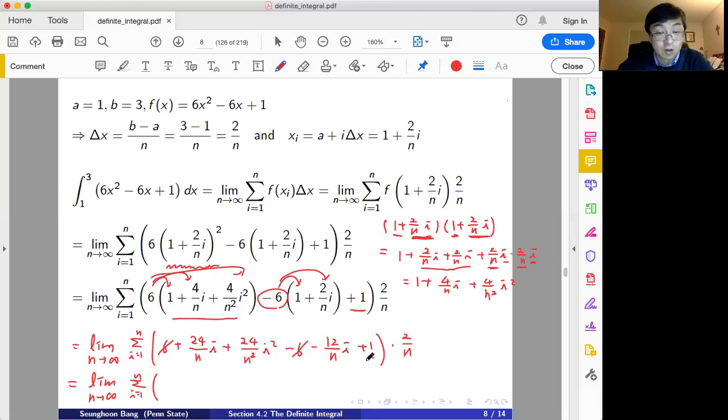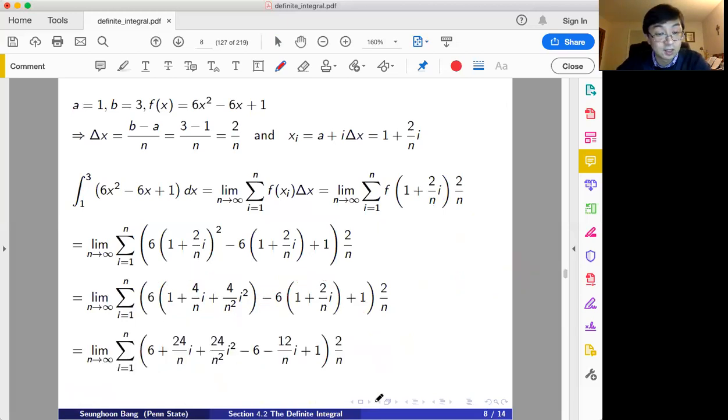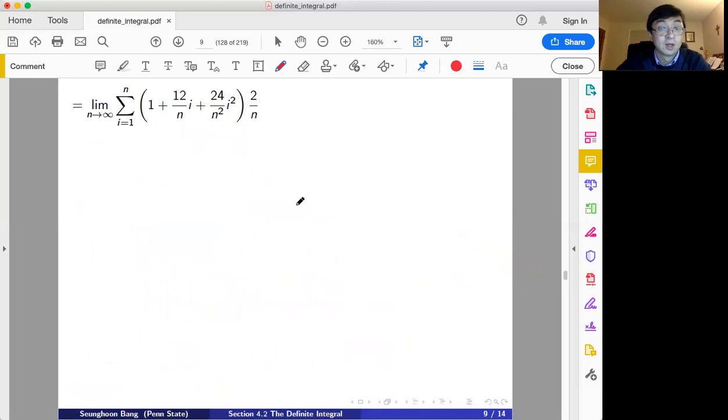The next, the 24 over n i minus 12 over n i is exactly 12 over n i. Plus the remaining thing, 24 over n squared i squared, times 2 over n. So like this, right? So we have this form.